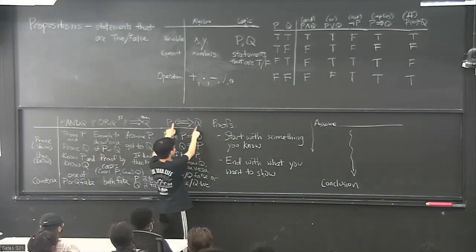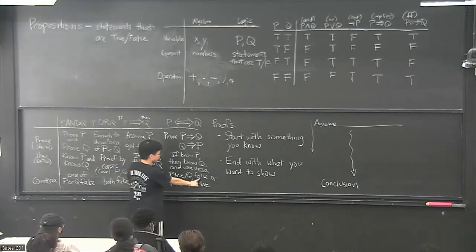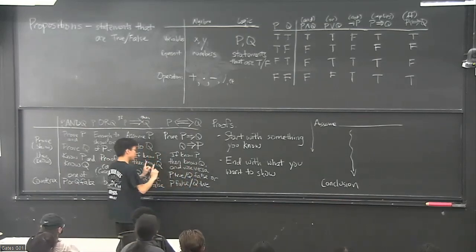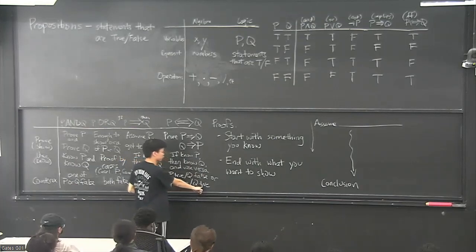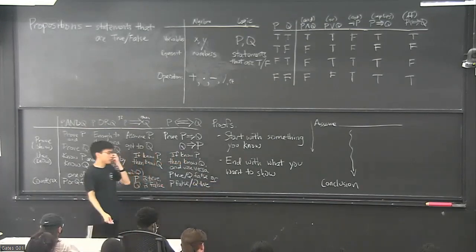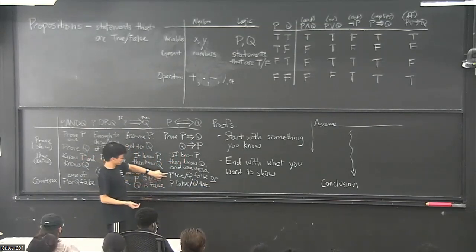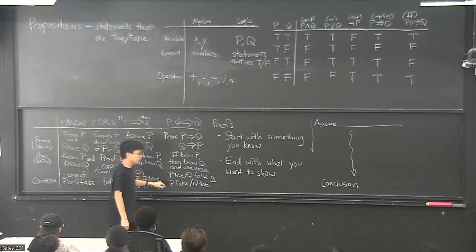And to show that P if and only if Q is false, you want to give an example where P true, Q false, or alternatively, you can give an example where P is false, Q is true. Note that in this case, because of the use of the word or, you need not give two examples, you need to give one example, either this or this.